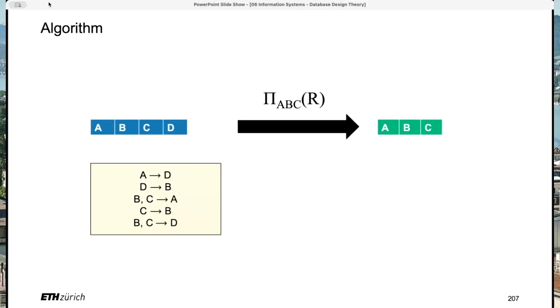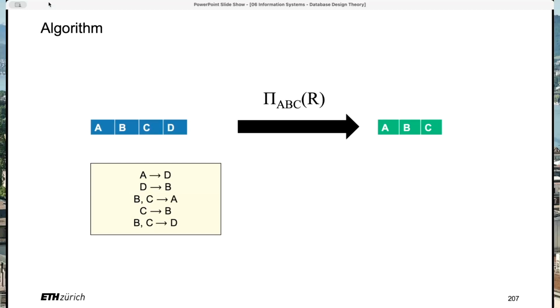And so then what I showed you last time is that there is a general brute force algorithm to find out all the functional dependencies that survive the projection. And what I told you that you do in that case is that you're basically looking for functional dependencies on A, B, and C, right? If you project from A, B, C, D to A, B, C, you're looking for functional dependencies that only have A, B, and C, right?